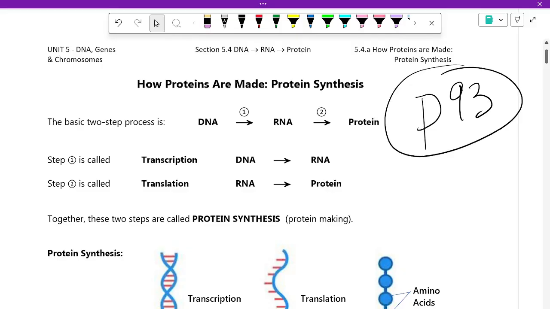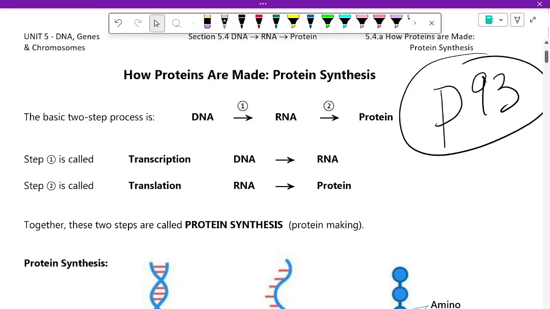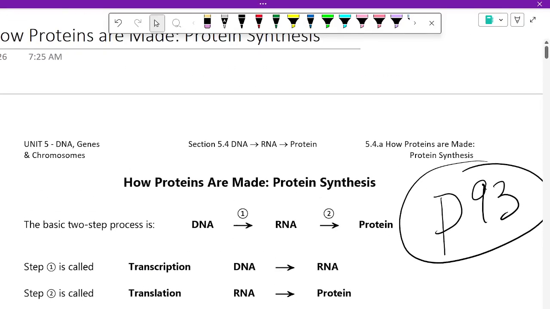Okay. So let's remind ourselves there are two steps in the synthesis of protein. What does the word synthesis mean? Making. Okay, so protein synthesis is protein making or making protein. What are the two steps called?